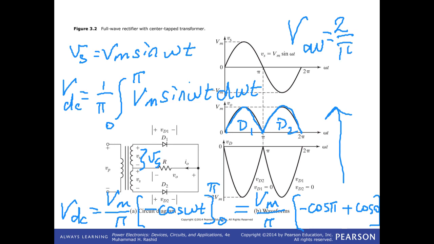Maximum value'nun 2 katının pi'ye bölünmesi, divided by 2. This is the value we obtain.